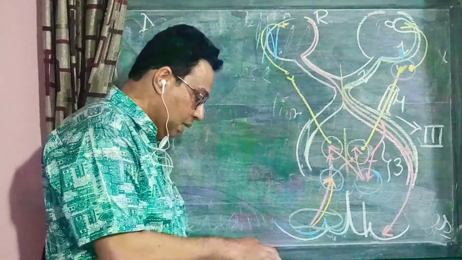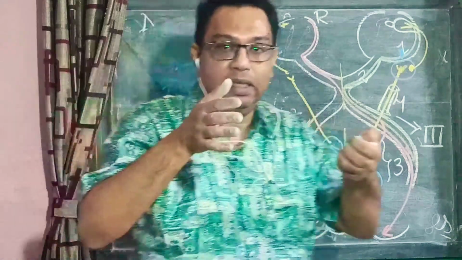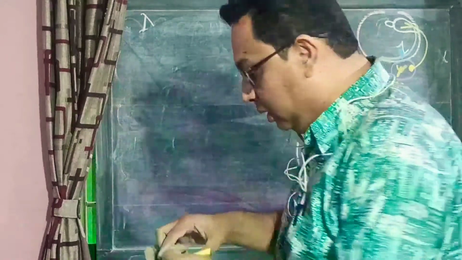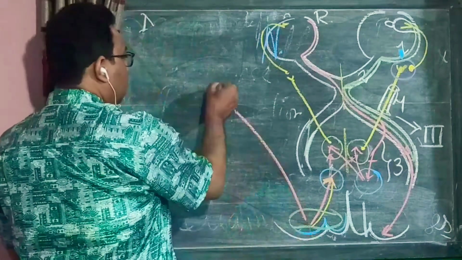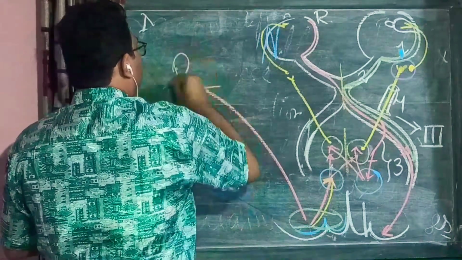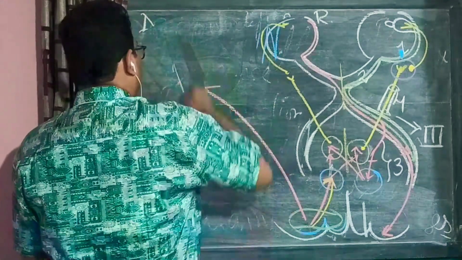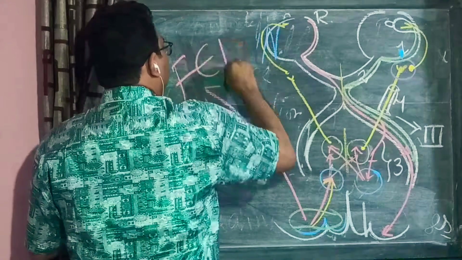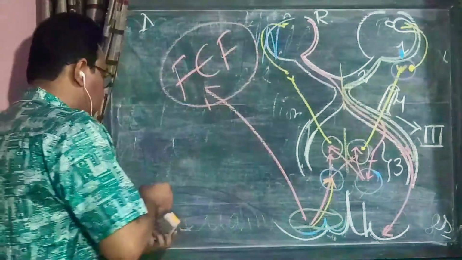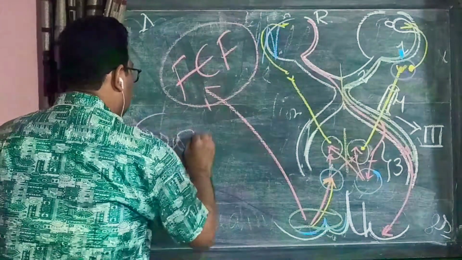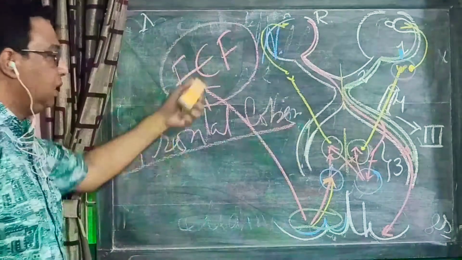Moreover, the process of convergence is processed from the cortex to the frontal eye field. This is in the frontal lobe.